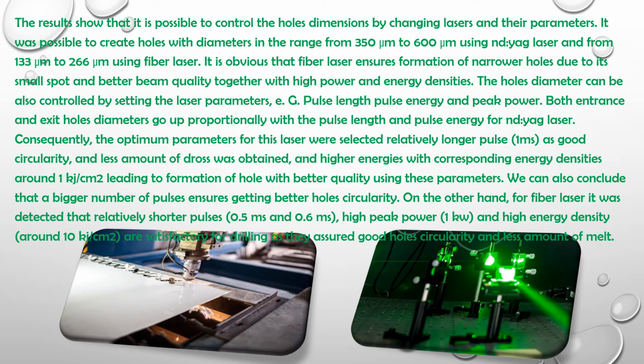For the Nd-YAG laser, better circularity and less amount of drops was obtained at higher energies with corresponding energy densities around 1 kilojoule per centimeter squared, leading to the formation of holes with better quality using these parameters. We can also conclude that a bigger number of pulses ensures better hole circularity. On the other hand, for the fiber laser, it was detected that relatively shorter pulses, high peak power and high energy densities are beneficial.